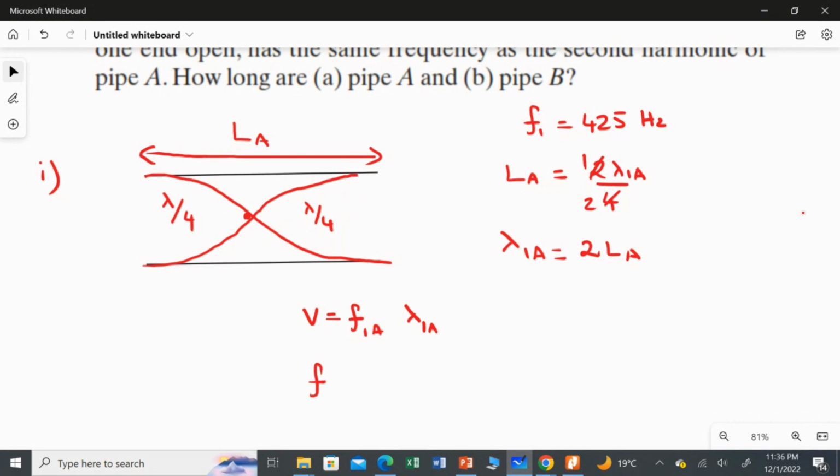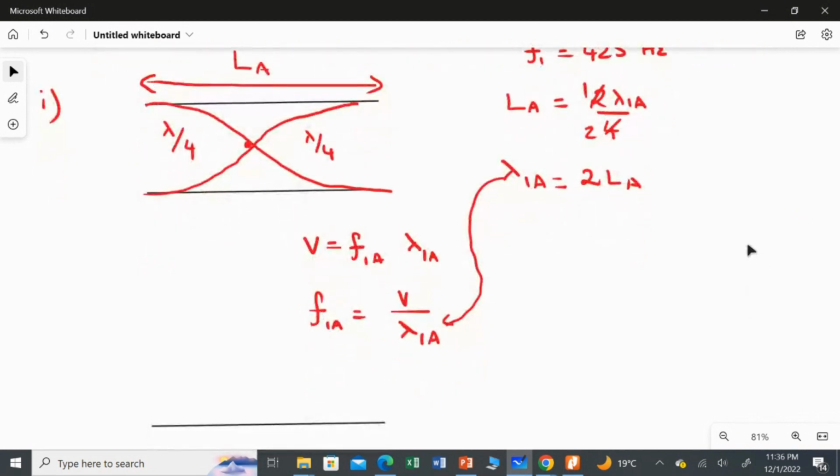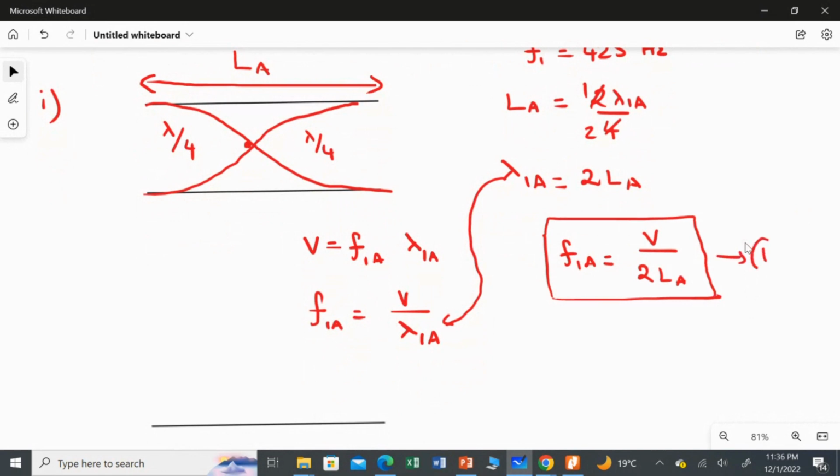By that, this equation will become f of 1A equal to v over lambda of 1A, right? Clear? Now I am going to take this lambda 1A and substitute here. By that, what will happen? The equation will become f of 1A equal to v over 2LA. This is my first equation for the first case, so let's write, this is our first equation.